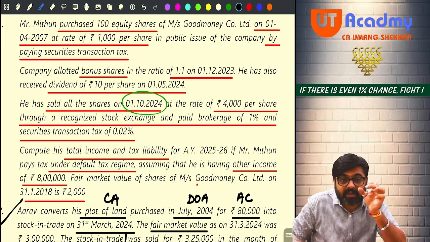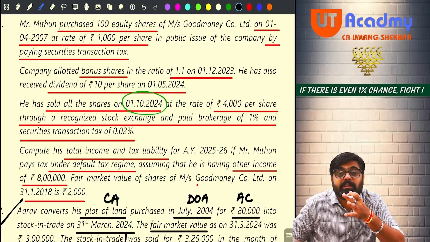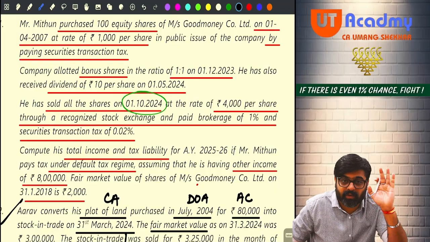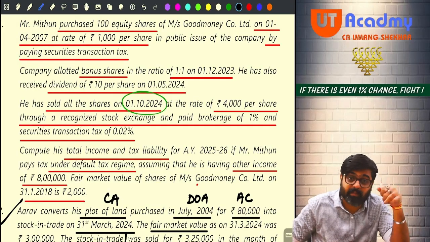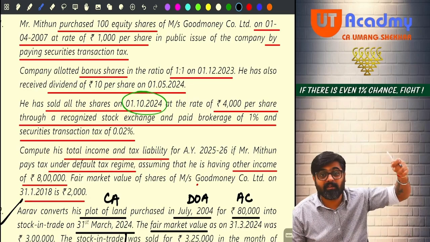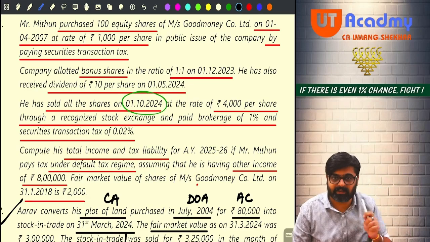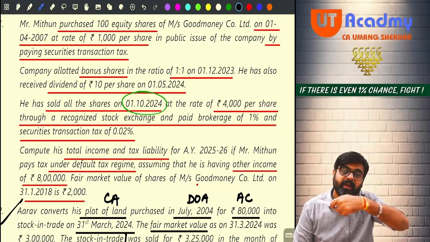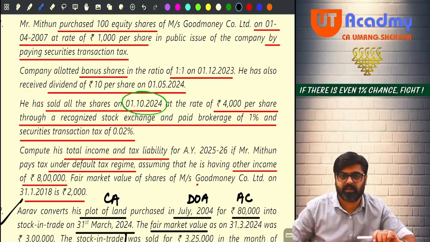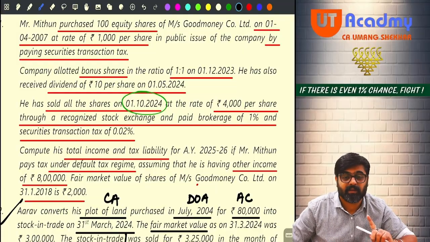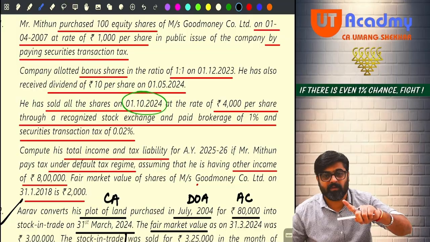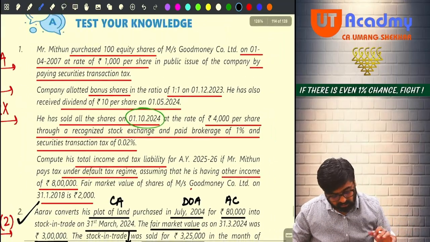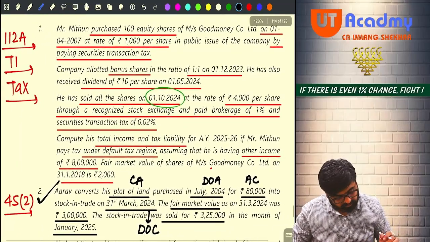Long term gain on transfer of listed equity shares, units of equity oriented mutual fund. Do you remember that? The calculations which we did, I did three separate examples in yesterday's lecture. If you remember those things, this question will be very easy for you. But actually this question is tricky. So we are going to solve this question.